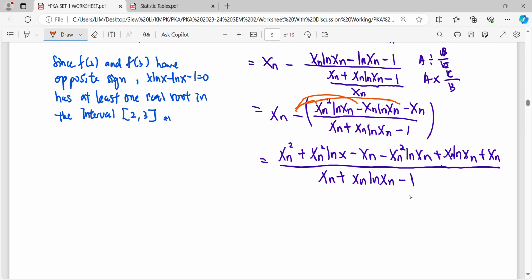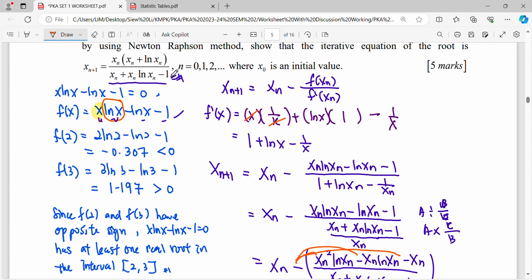So what can we observe here? x squared ln x, squared ln x, plus minus, simplify. Then minus x plus x, simplify. Then what can we see here? We have an x here and an x squared here. In your final answer, you can see the x's have been factorized out.